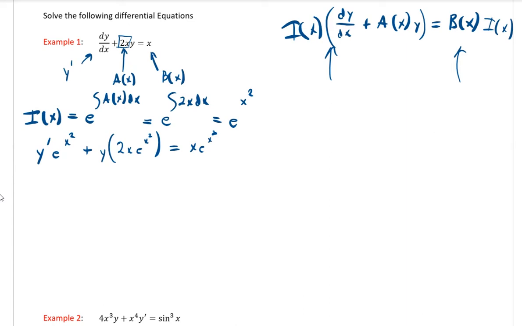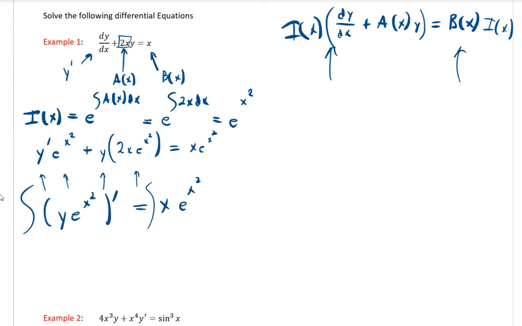This itself is a product rule. I have y prime and y, one derivative and the other, and then I have the function e to the x squared and the derivative of e to the x squared, which is e to the x squared times 2x. So this is going to give me the derivative of y e to the x squared is equal to x e to the x squared.